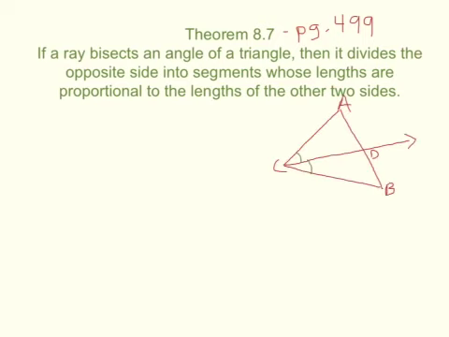So in this case, I've got triangle ABC, and angle C is bisected by a ray CD, and because that ray CD bisects angle ACB, then that means that AD over AC is proportional to BA over BC.